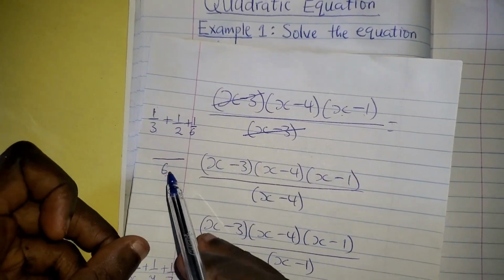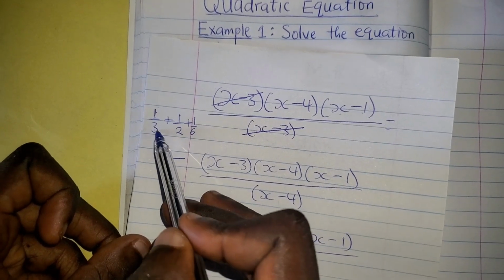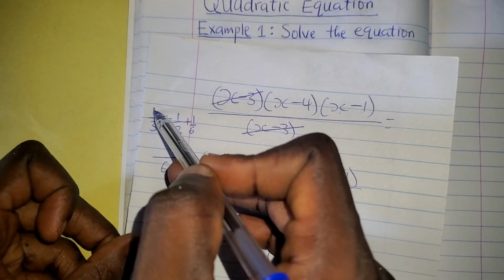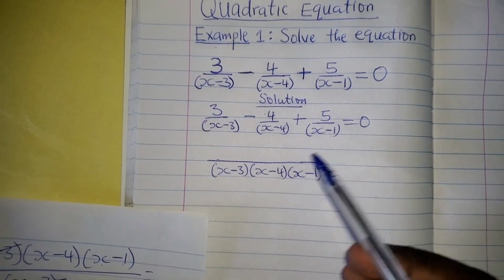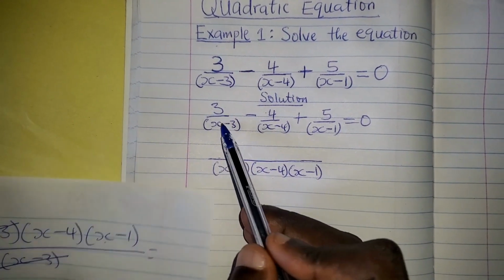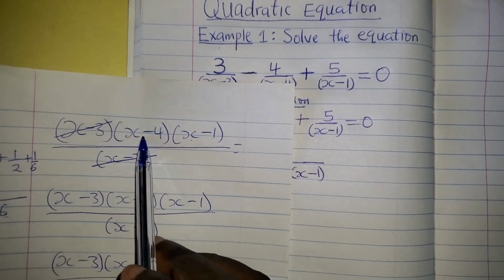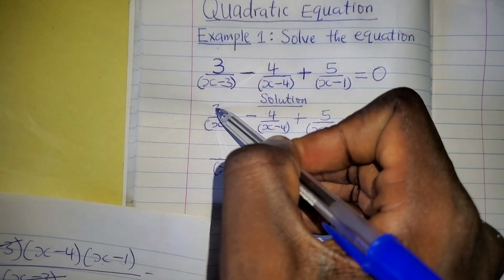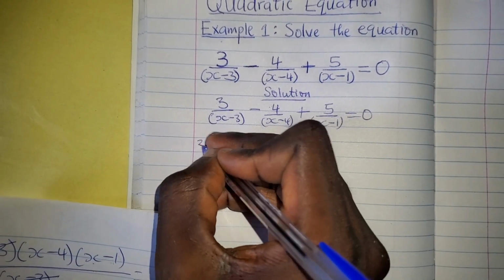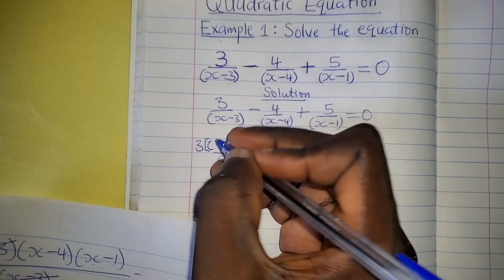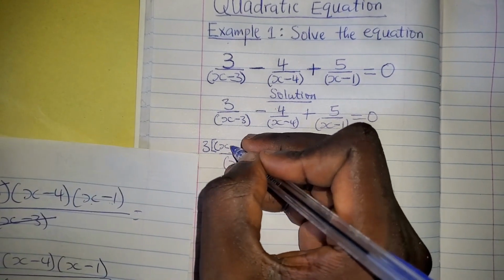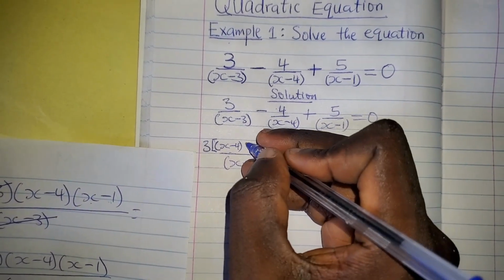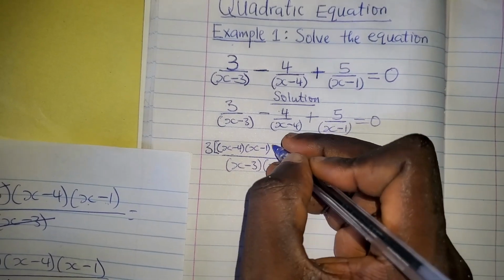If you remember, I said if I divide this 6 by this 3, whatever I have, I will use to multiply its numerator. So likewise, if I divide this by this, I'll be left with x minus 4 and x minus 1. So I will use them to multiply its numerator, which is 3 here. So I have 3 into brackets (x minus 4)(x minus 1).